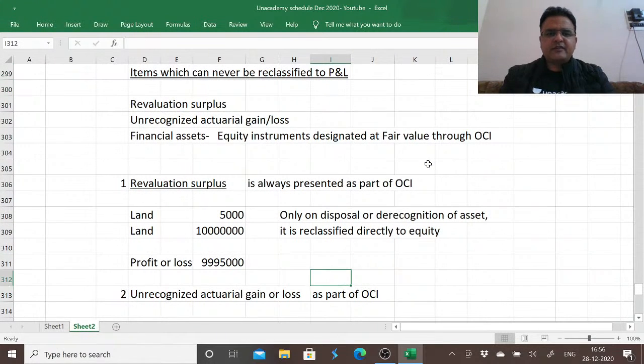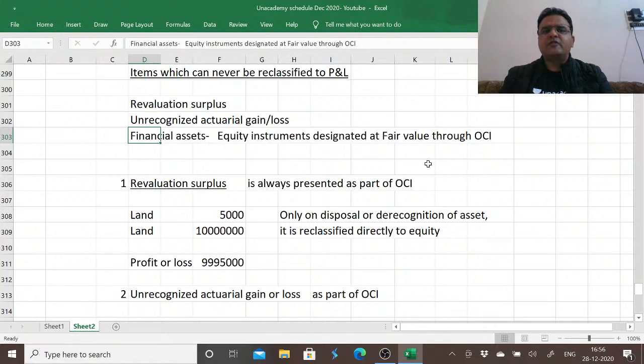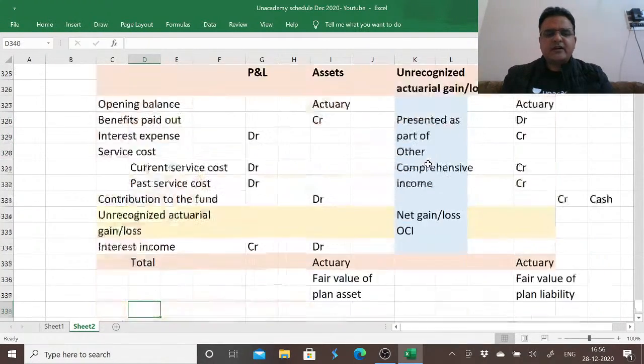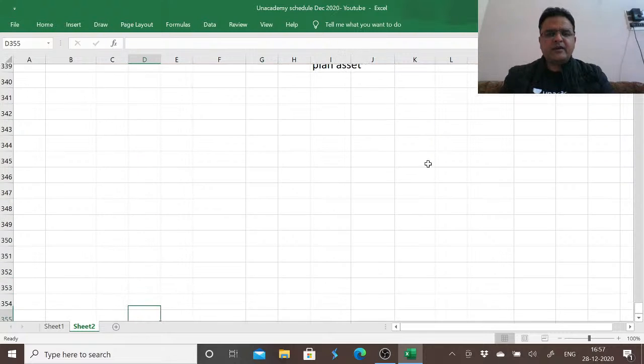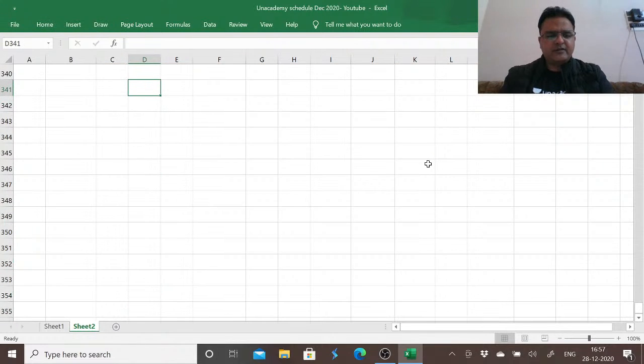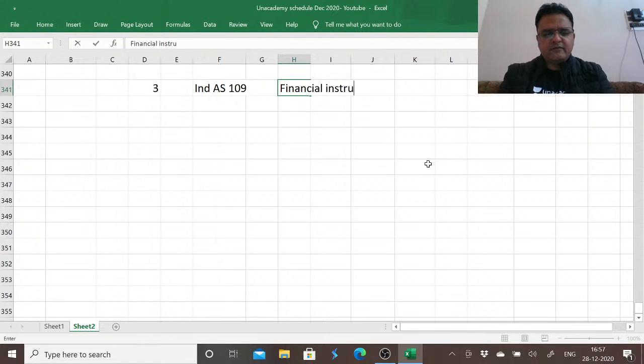The third item is a financial instrument which is designated at fair value through OCI. A financial asset which is an equity instrument. So the third item is an equity instrument designated at fair value through OCI. Ind AS 109 is the standard applicable for financial instruments, which divides the financial assets into two parts.